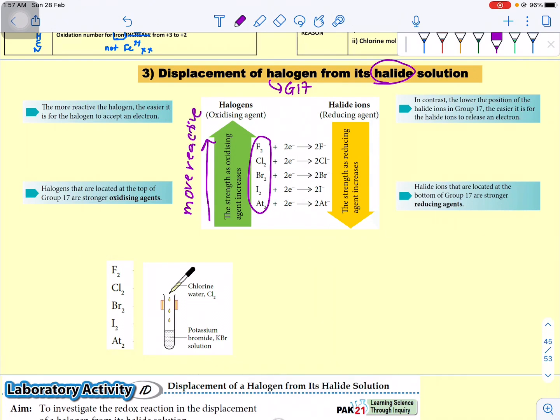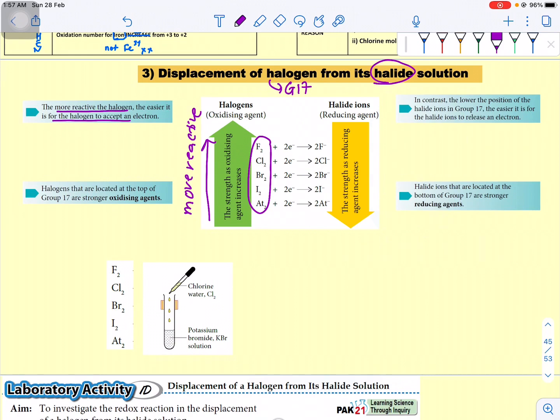So in redox, what is going to happen for the more reactive halogen is that it is easier for the halogen to accept an electron. So fluorine is easy to gain electron compared to chlorine, and chlorine is easy to gain electron compared to bromine, iodine and astatine.